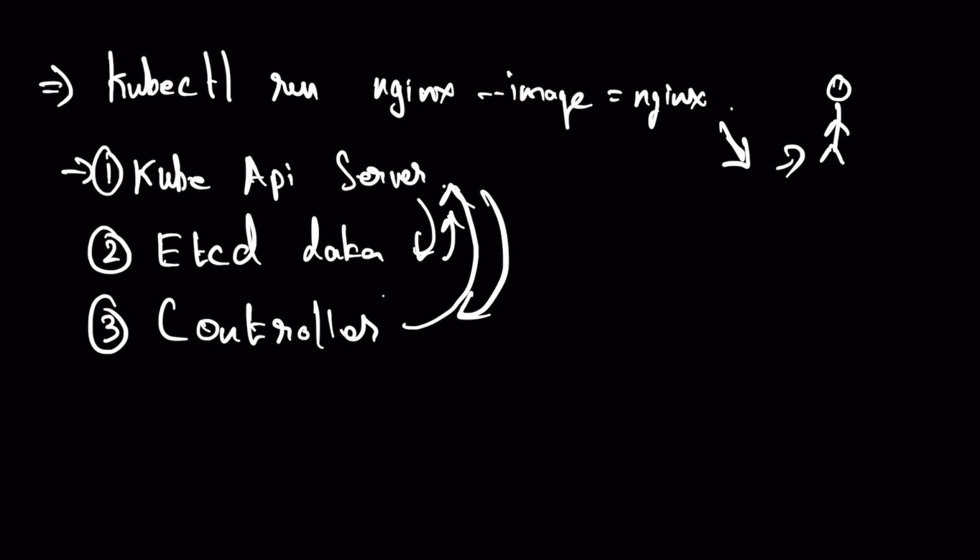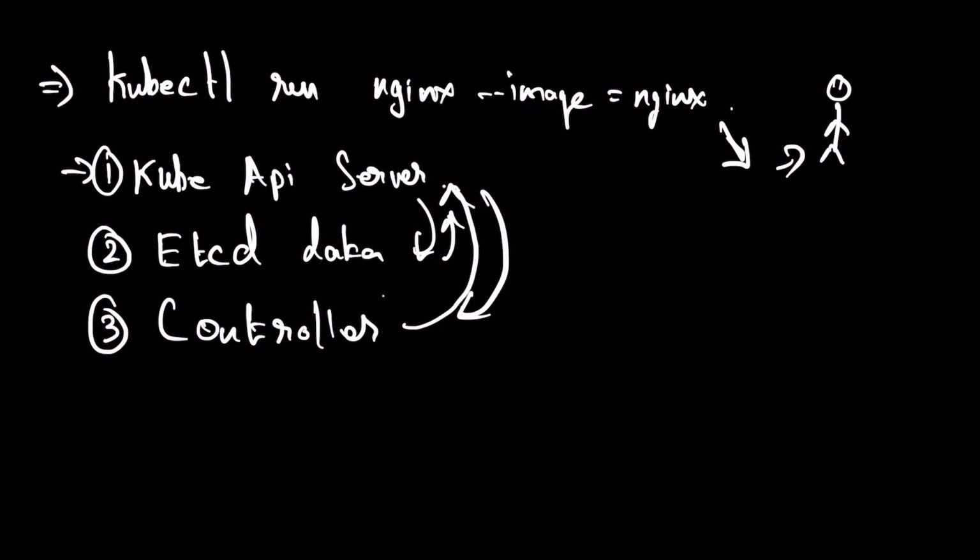So it sees if there is any new pod request given by any of the users, if there is a delete request, or if there is any kind of request in the cluster. And now it detects that a new pod needs to be created and takes action to ensure that the desired state matches with the actual state.